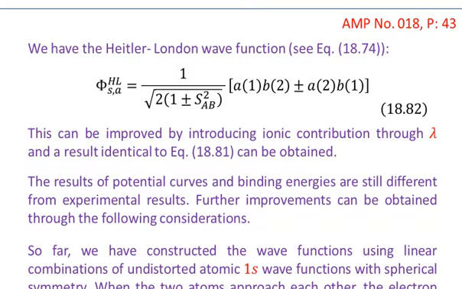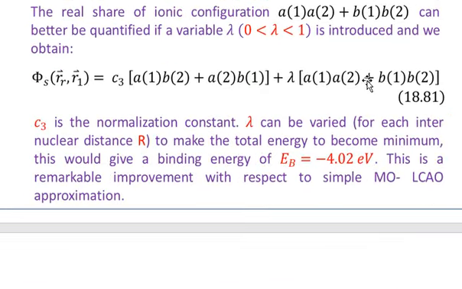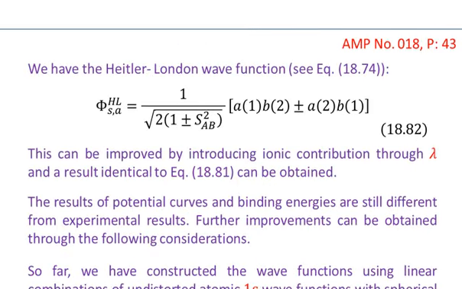And you know that if you introduce the ionic contribution, Heitler and London is also introducing the same terms, that is, lambda times a of 1 a of 2 plus b of 1 b of 2. This term with lambda is also considered by the Heitler and London method along with its original wave function, which is given in 82.